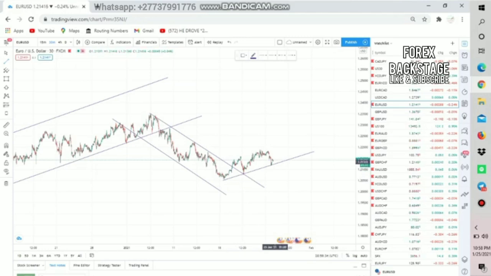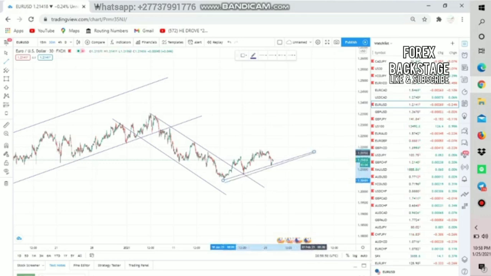So it can't break here. It must go up, because even the overall trend is upwards. I'm not saying it won't. It can, but I strongly believe it will go up.